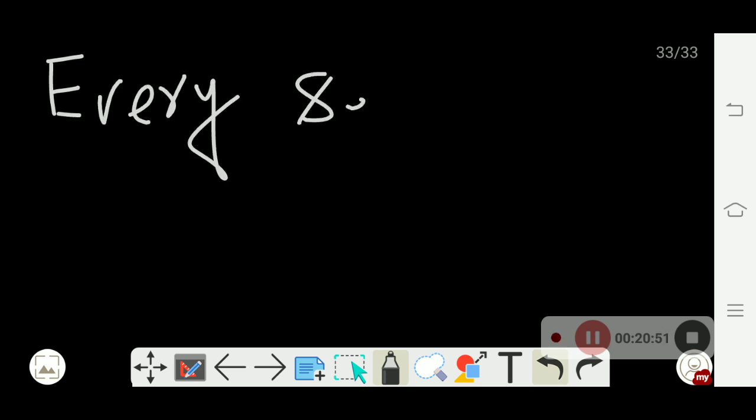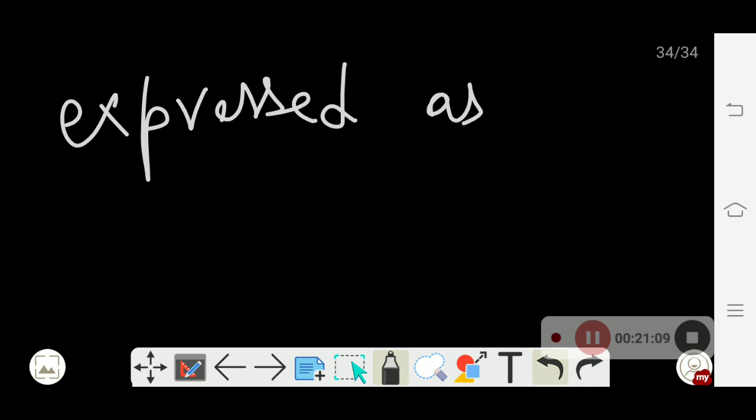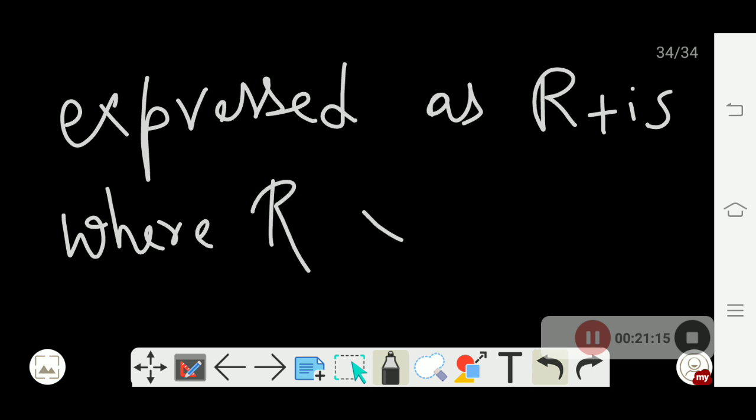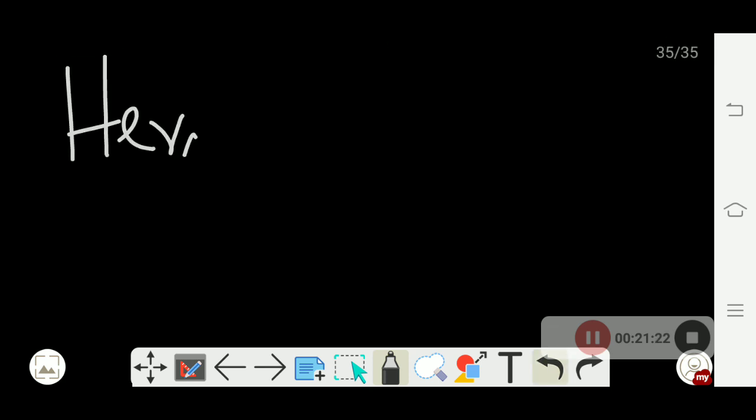Every square matrix can be expressed as R plus iS, where R and S are Hermitian matrices.